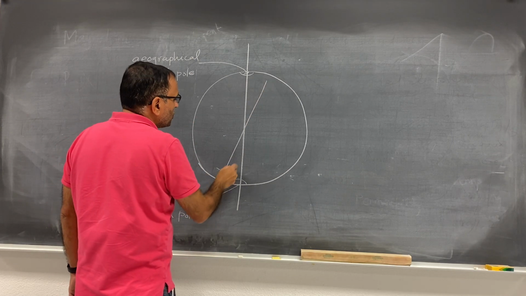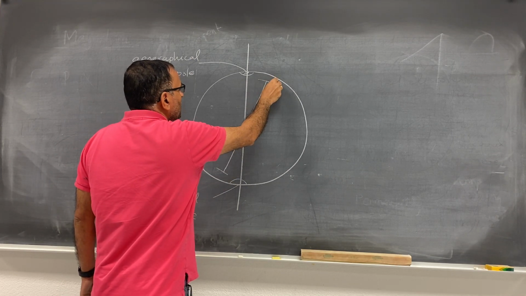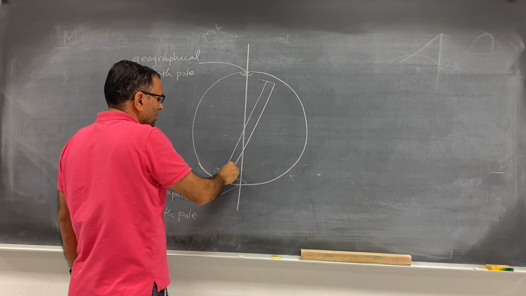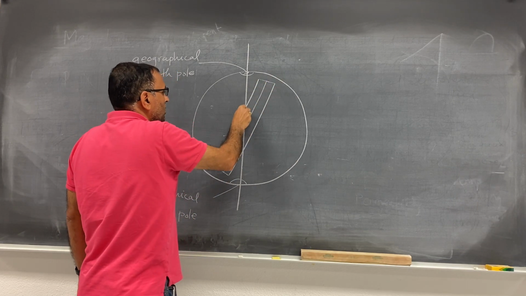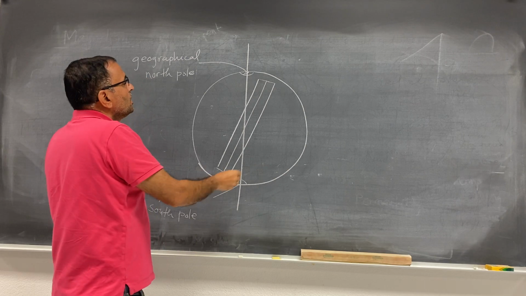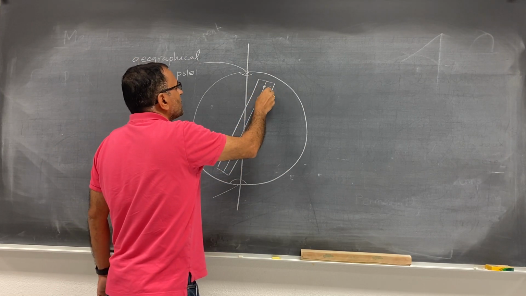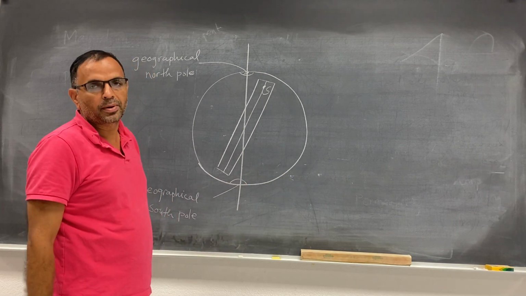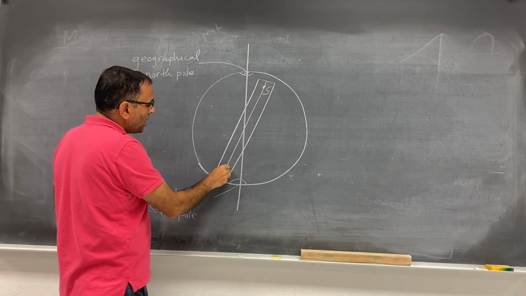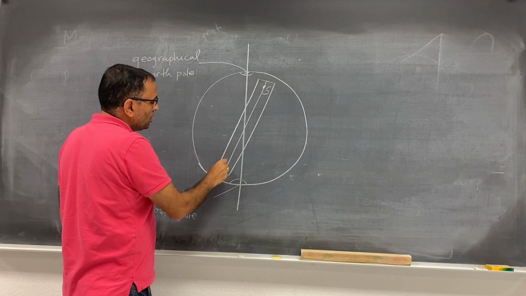If I draw something like this, this is the axis of the Earth magnet. This is my magnet. Right there you have S, the south pole of the magnet, and right here you have N, the north pole of the magnet.